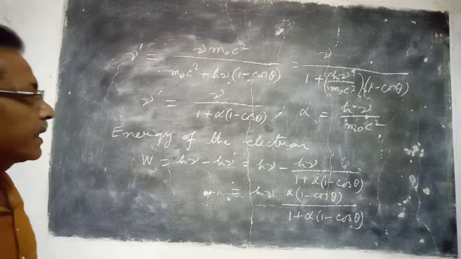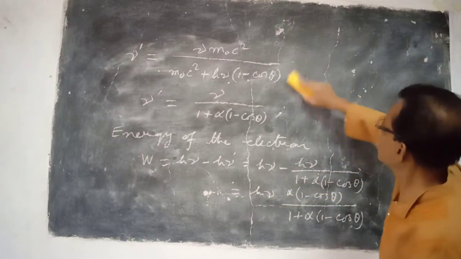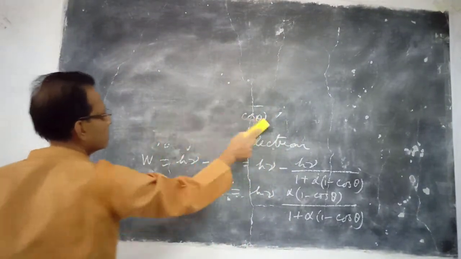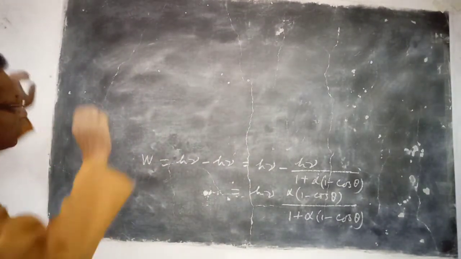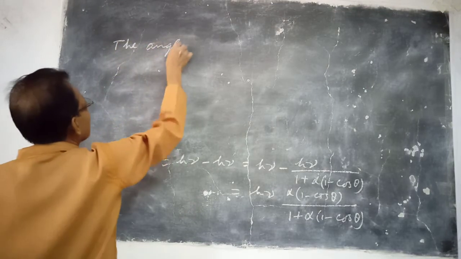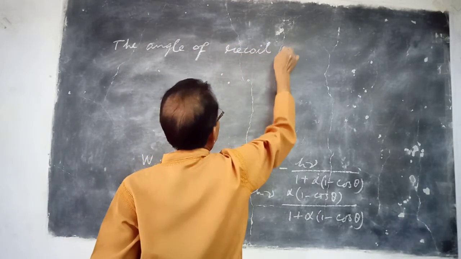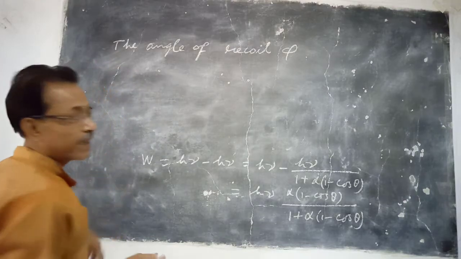Now, at which angle is the electron recoiled? How do we find the angle of recoil phi? To find the angle of recoil phi, from momentum conservation we get two equations.